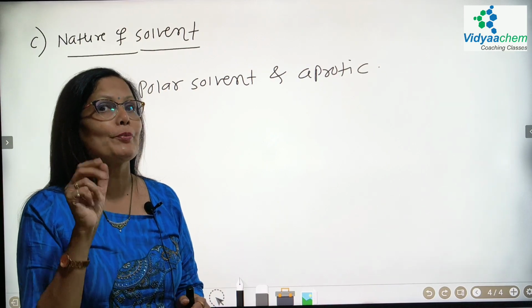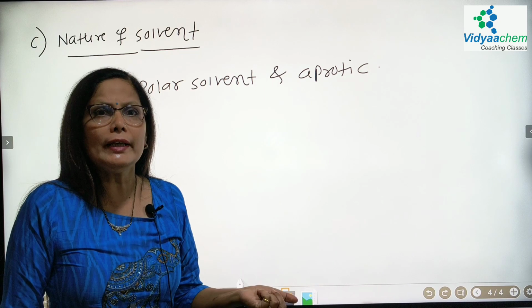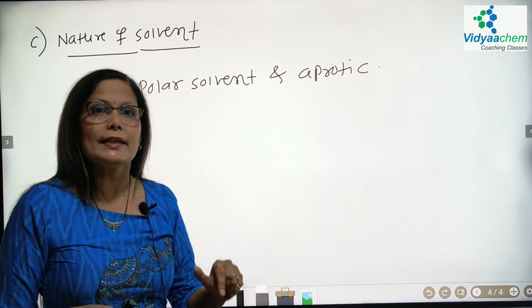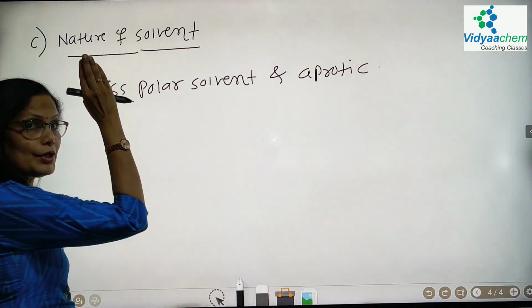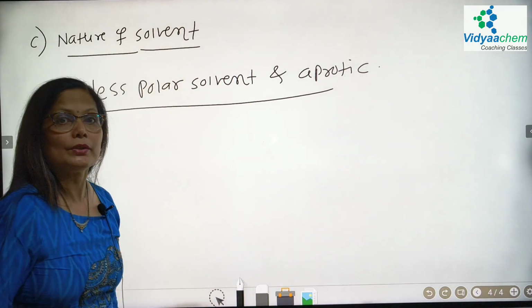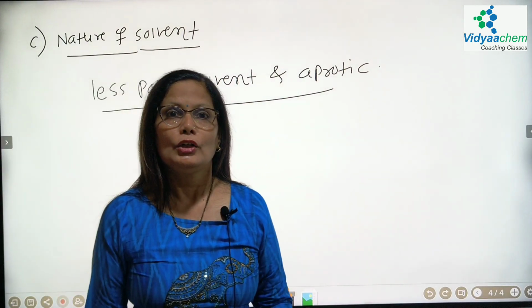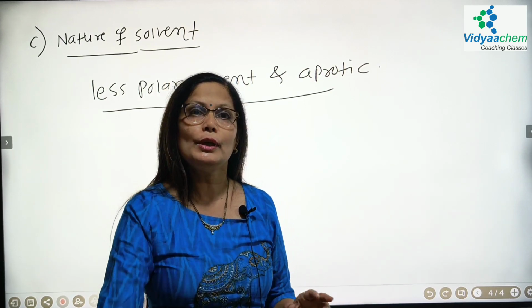Suppose your solvent is polar, then what will happen? That polar solvent will stabilize the nucleophile, so its activity decreases, and that's why your solvent should be less polar and aprotic. So these factors are responsible for the rate of this reaction. So this is what about the SN2 mechanism.